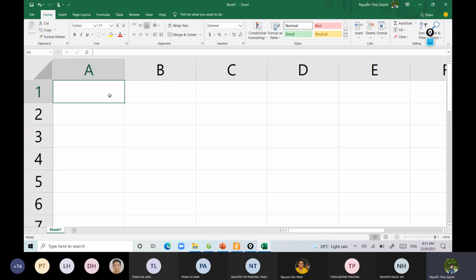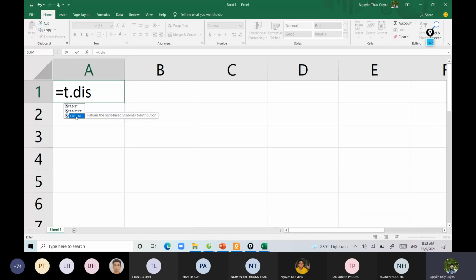The observed value of T here is 3.75. Now we have to find the p-value associated with that observed value of T. Because this one is a right-sided test, we will use the area to the right of the observed value of T. The p-value will be the area to the right of the observed value of T. So to find the p-value in this case, we will use the function T.DIST.RT, which returns the right-tailed Student's T distribution.